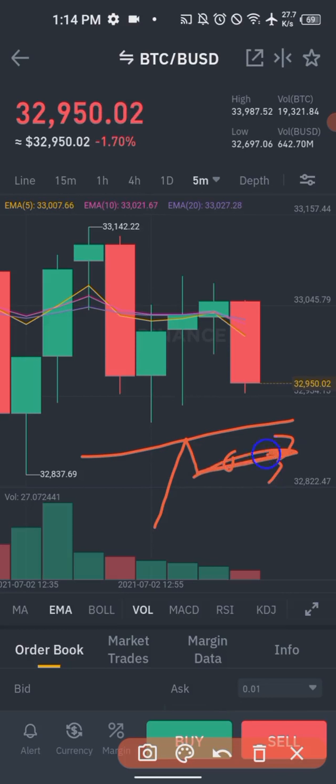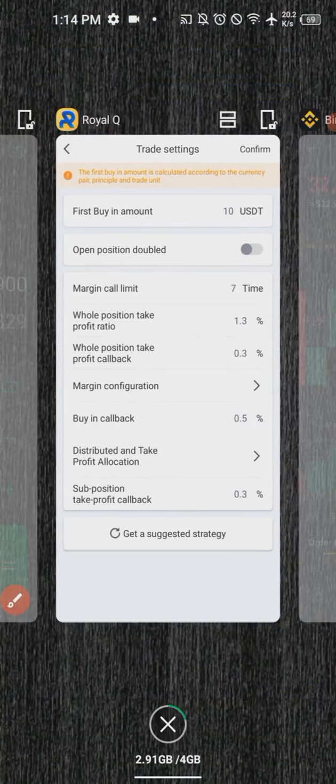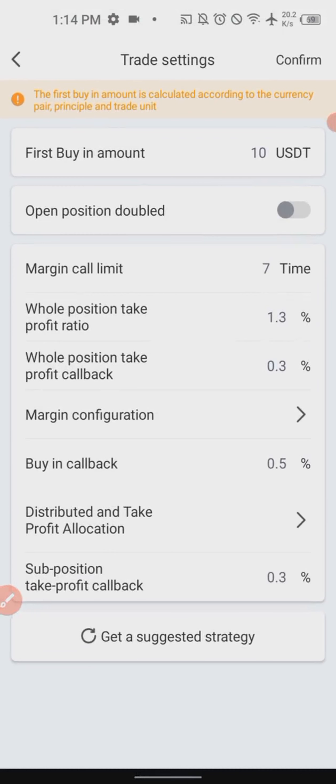So once you've been triggered by the 1.3% profit, even if the price comes down, the way you are seeing this last candlestick going up and down, if it's within the range of 0.3, I still want you to take profit from me at that level. No problem. I'm okay with that. So that's the hold position, take profit, callback.